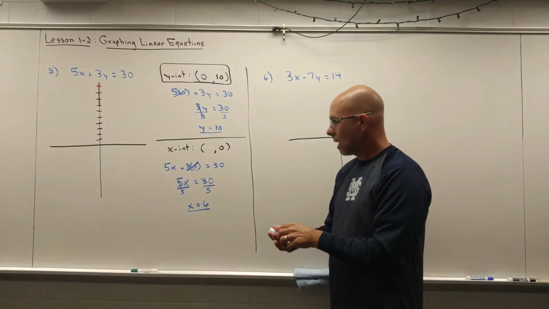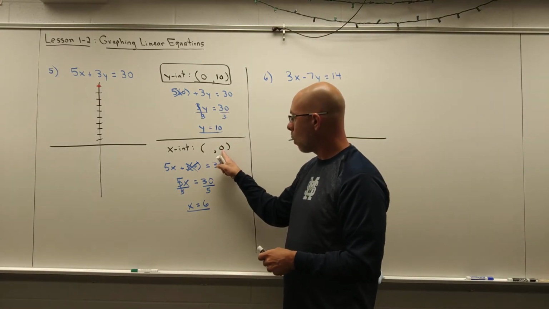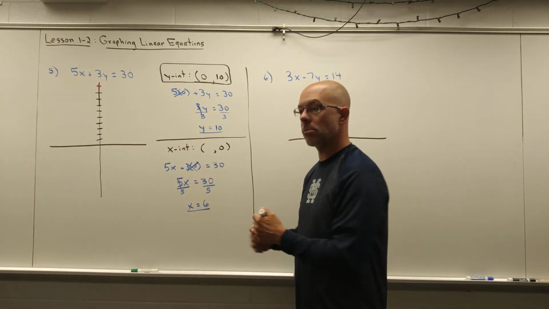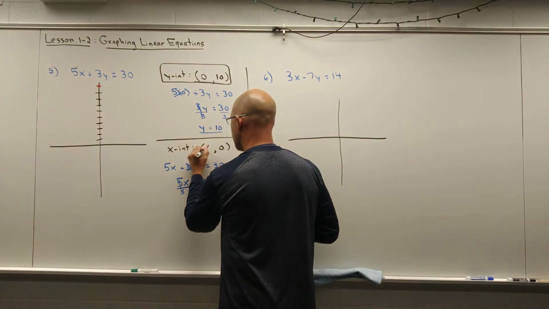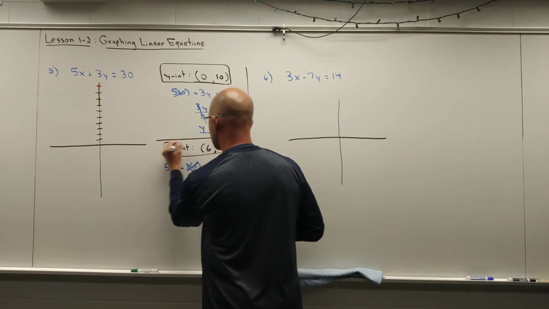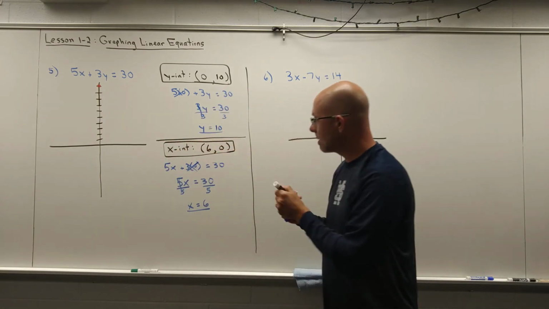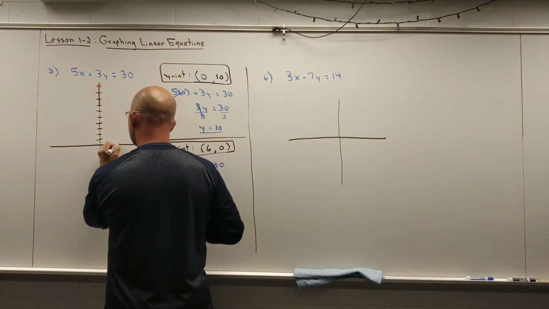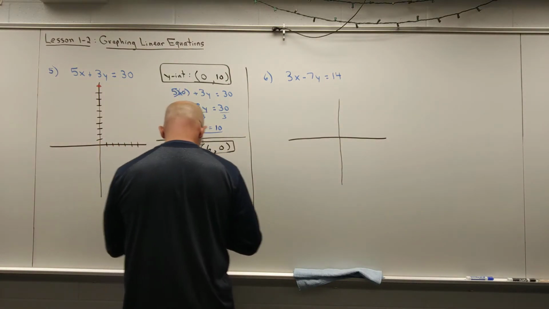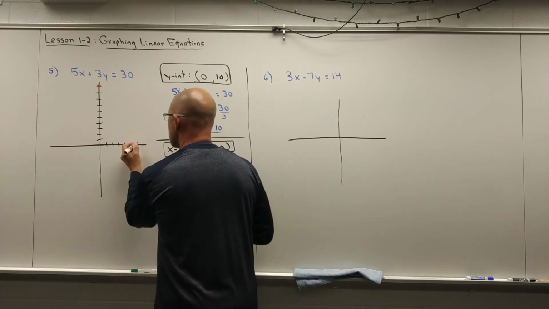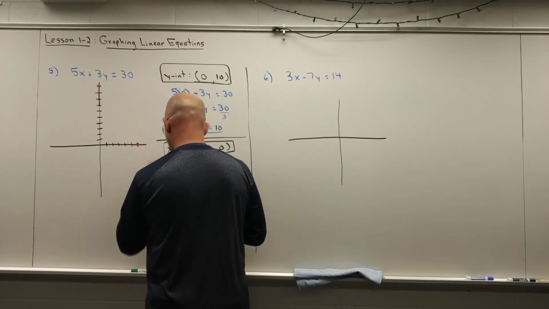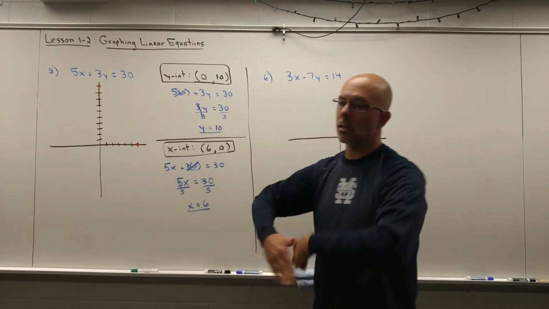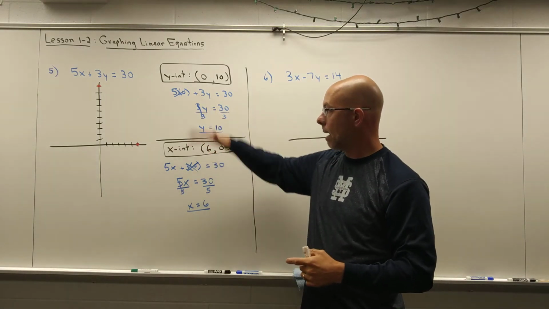In other words, when I make y equal to 0, x comes out 6. The point 6, 0. 1, 2, 3, 4, 5, 6. See, x equals 6, y 0, no up and down.